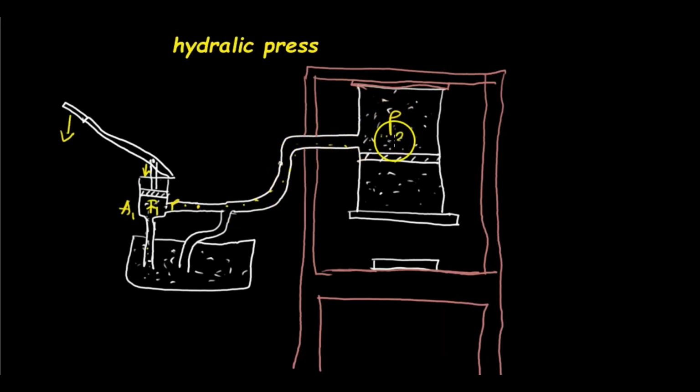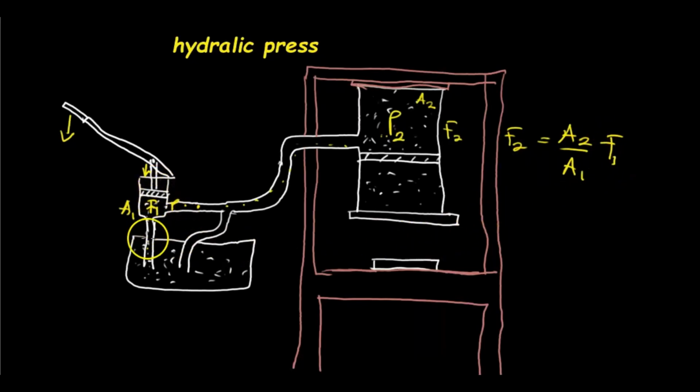So when it comes here, the pressure is equal from here to there, but here the area is greater, and a greater area requires a greater force. So this will also result in the force being greater than the applied force.